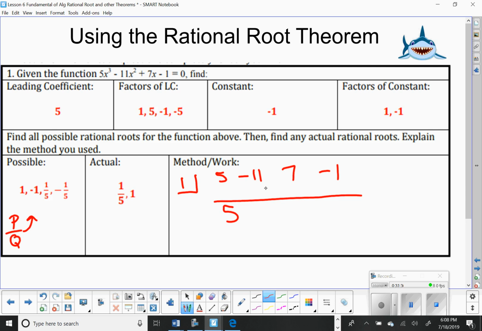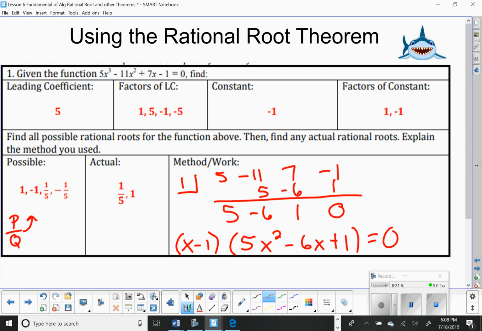The 5 comes down, I get 5, I get -6, that's -6, that's 1, that's 1, that's 0. So that would tell me that I have x minus 1, and then 5x squared minus 6x plus 1, the whole thing equals 0. Okay?